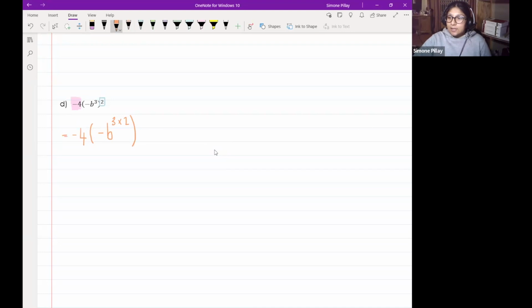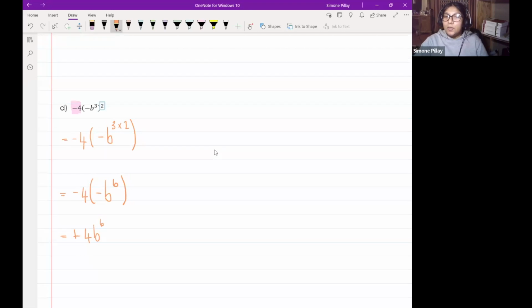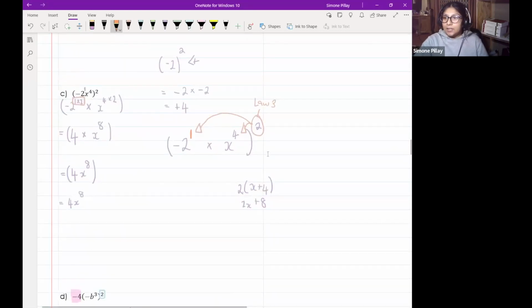I hope everybody understands where I got that from. And then it is going to be negative 4 times negative b to the power of 6. And then we now have a negative times a negative. That's going to give me a positive 4b to the power of 6. Does that make sense, everybody? Or rather, if it doesn't make sense, please ask me a question. I think it should be pretty okay. It's a lot better than the one where we have our number inside the bracket.